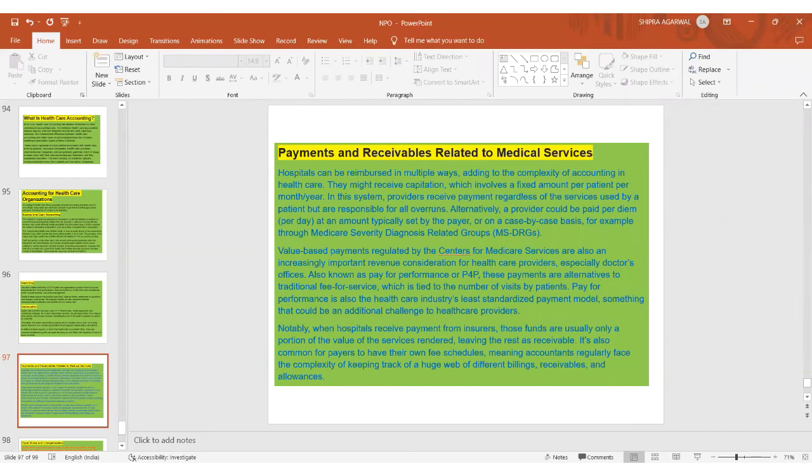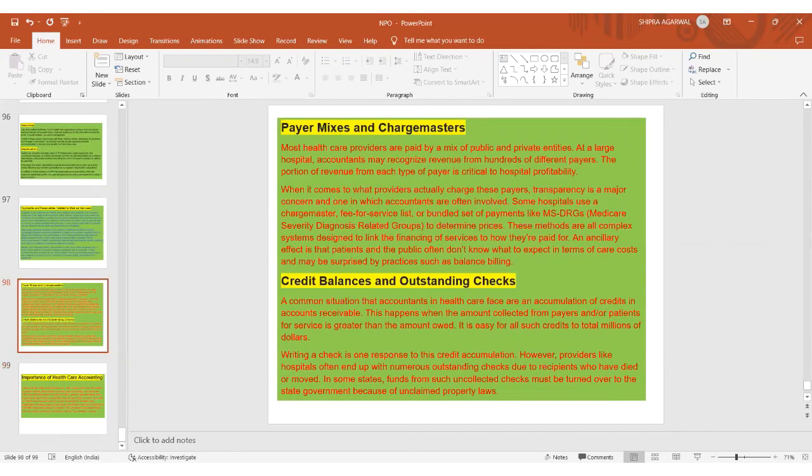Similarly, there are some other patients who are associated with government organizations or their respective organizations. For them, some payment is received from the patient and some is to be received from their respective organizations. In some organizations, they provide cashless services, so the entire payment will be received from the organization. So the time period involved, the payment, the follow-up, everything has to be taken care of. Similarly, you have certain payer mixes and charge masters.